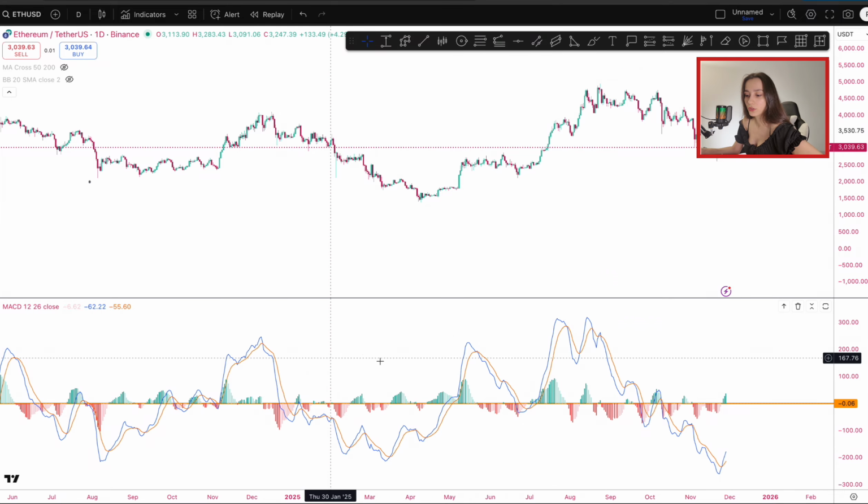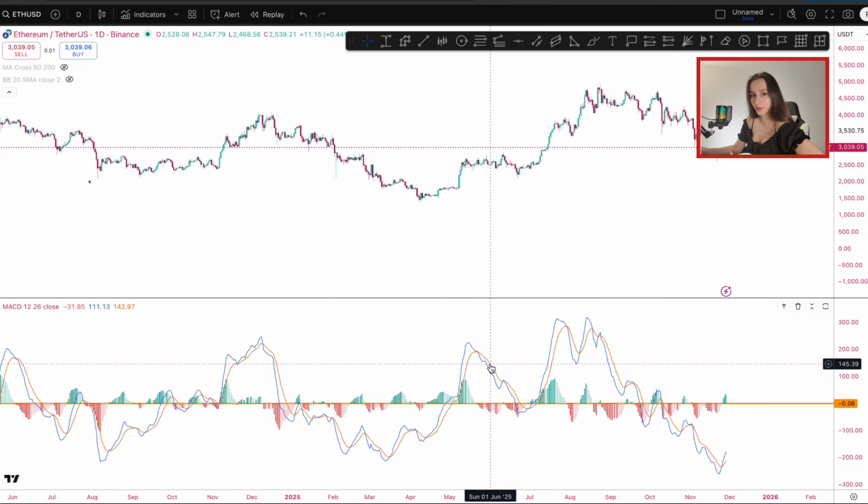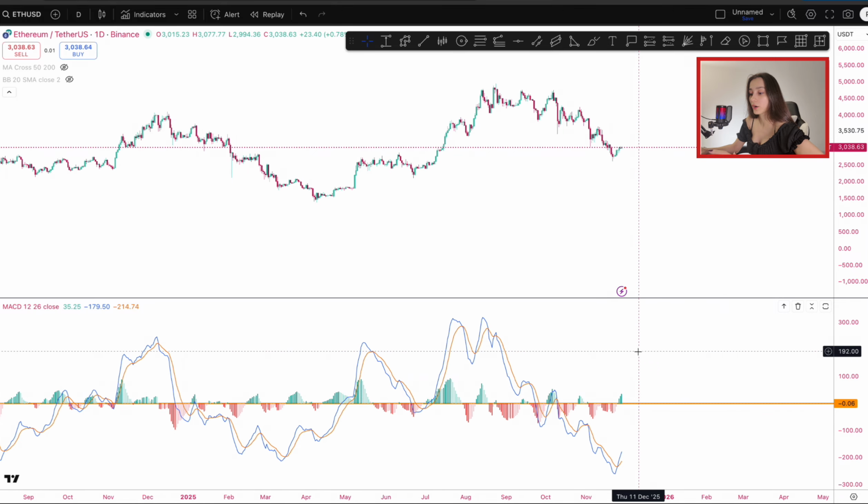So that you need to know. When you are in the positive area, a negative signal is strong. When you are in the negative area, a positive movement is strong. It's opposite. You need to know that when you are looking for trades with the MACD indicator.